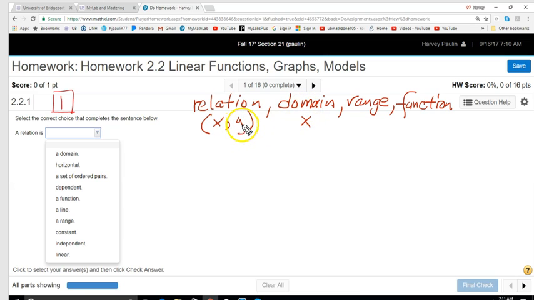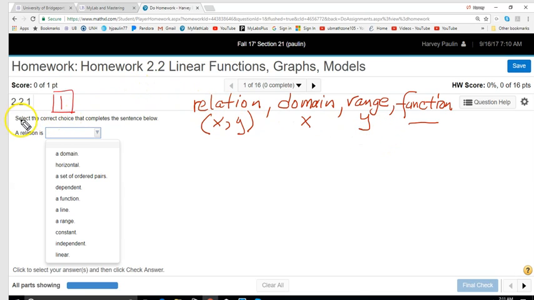The y element in any ordered pair is considered the range. And if the x element in any series of relations is only used once, this is considered a function. And we defined all these in our flipped classroom video.